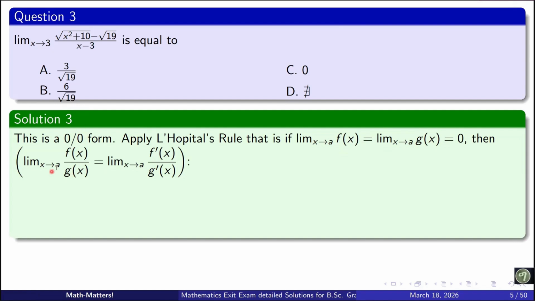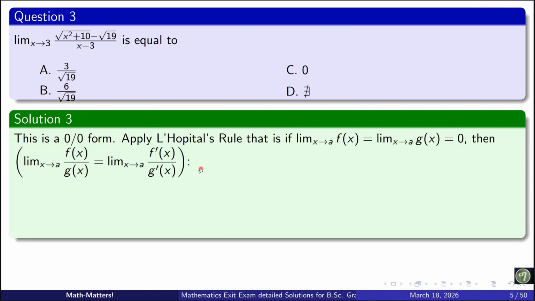In this case, the limit of this fraction is the same as the limit of the derivatives of the corresponding functions, that is, f derivative of x over g derivative of x. So if the limit of this function exists, then it can be taken as the limit of f of x over g of x as x approaches a.